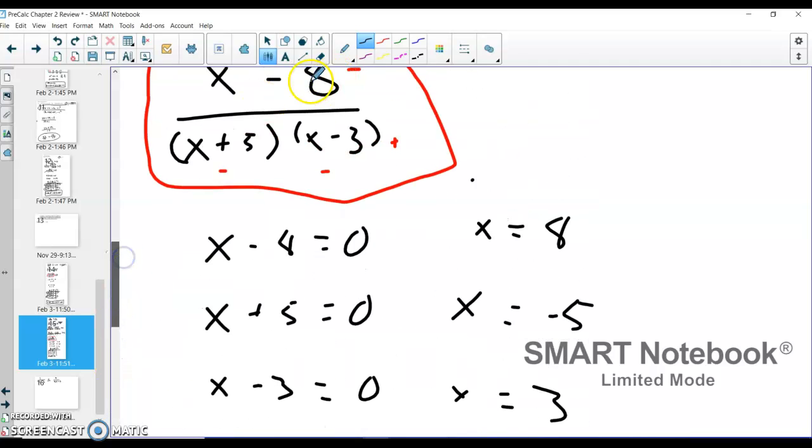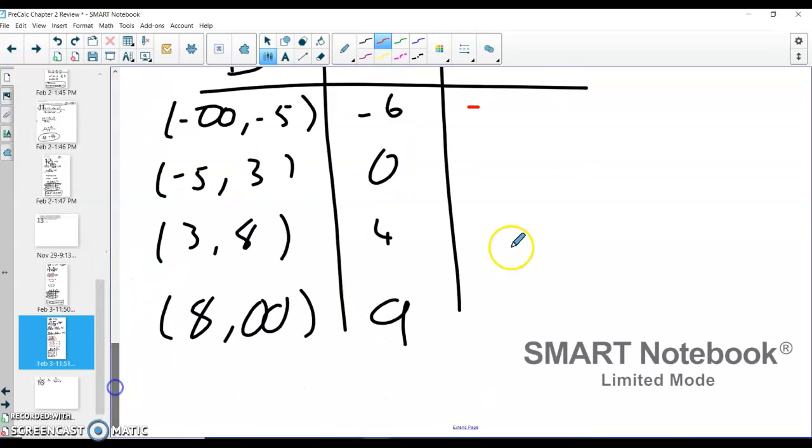Plugging in 0, I get 0 minus 8, that's negative. I get 0 plus 5, so that's positive. I get 0 minus 3, that's negative, and a positive times a negative is a negative. So a negative divided by a negative is going to be a positive.